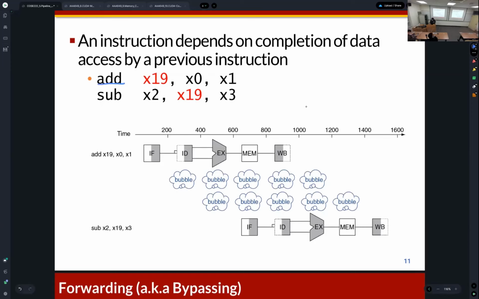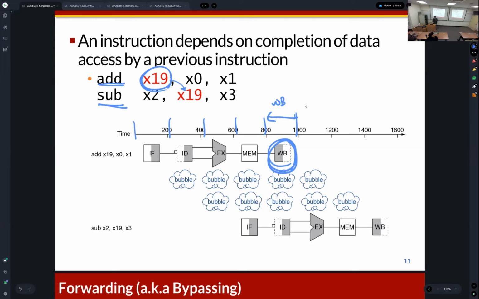This is the add, and then this is the sub, and then the x19 is updated by this add instruction, and then this x19 is used by the sub instruction. But if we see the pipeline stages of the add instruction and the sub instruction, the result is written back during this time period with the write back stage.